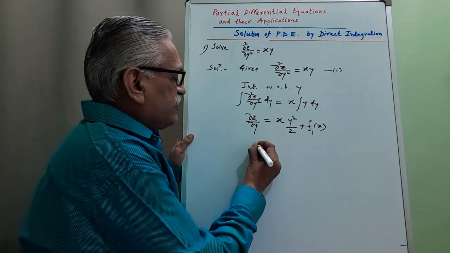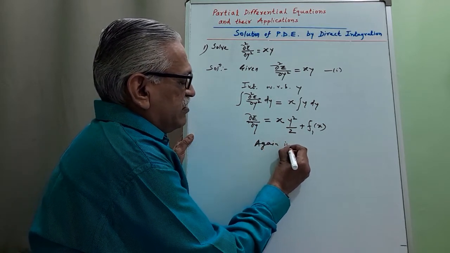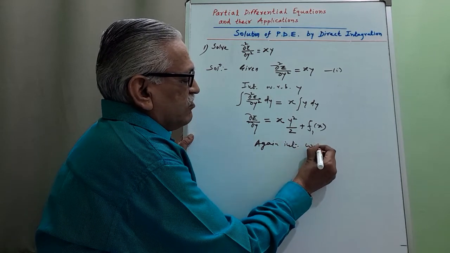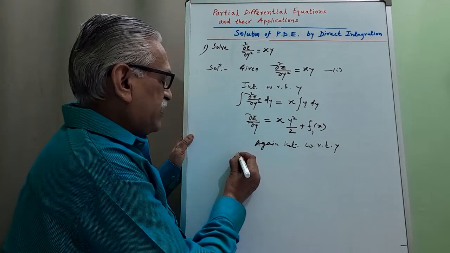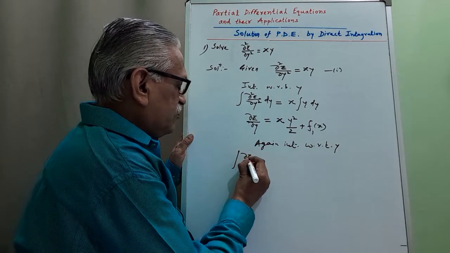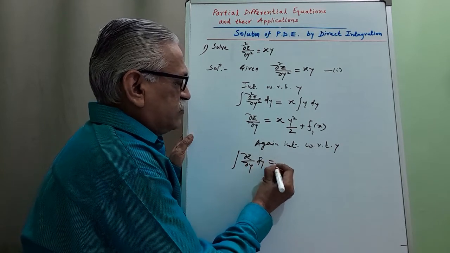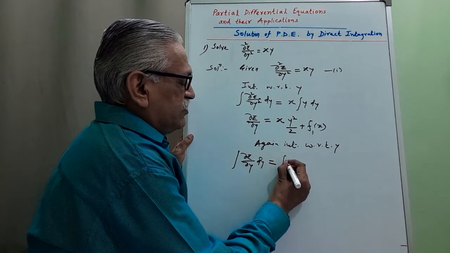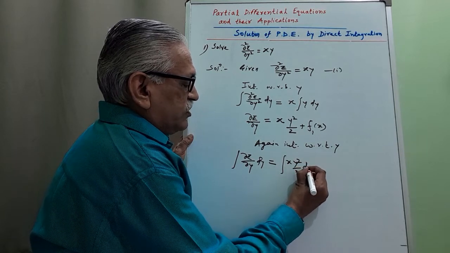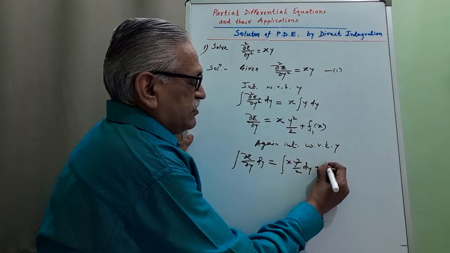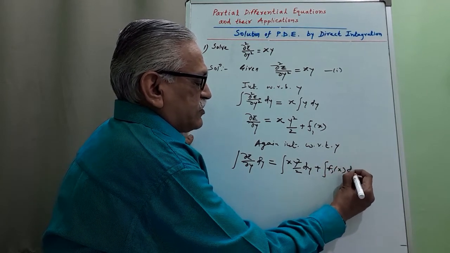Then again integrating with respect to y, we get integration of ∂z/∂y with respect to y equals integration of xy²/2 with respect to y plus integration of f1(x) with respect to y.